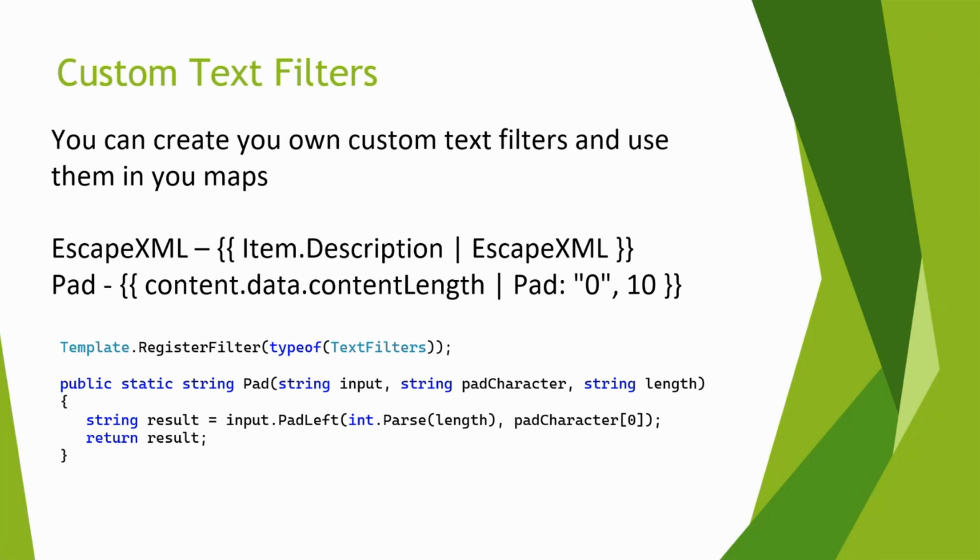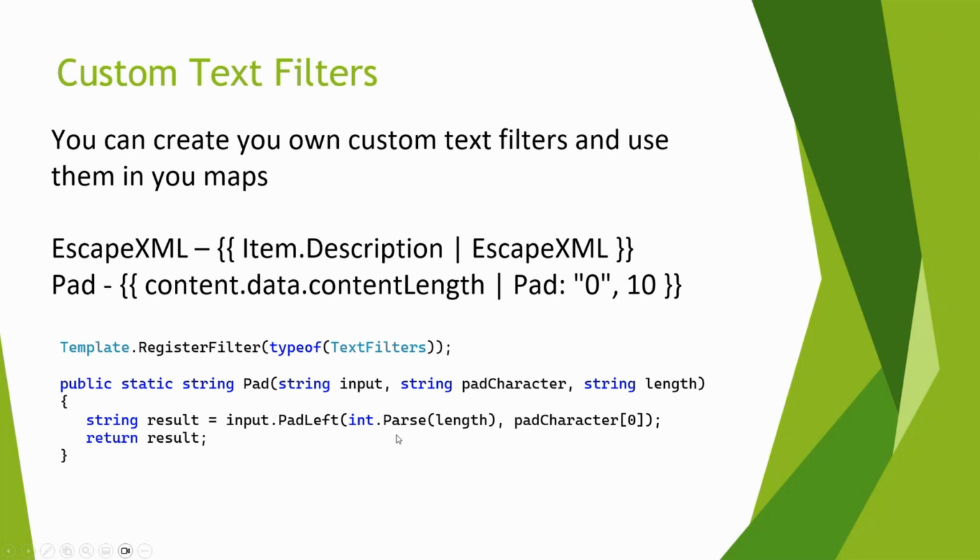So what I've done is I created a custom text filter. We'll look at the code a little bit further along, but you register your text filter. And your text filter is as simple as a public static string, and you pass it parameters, and it does what it needs to do, and then passes back a string result.